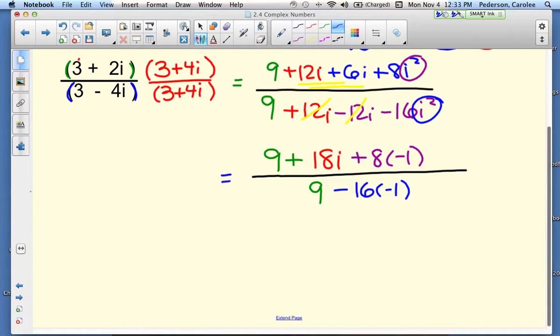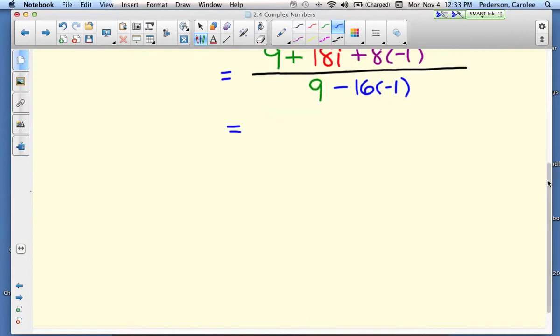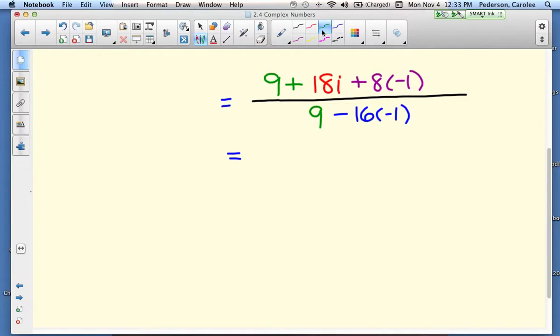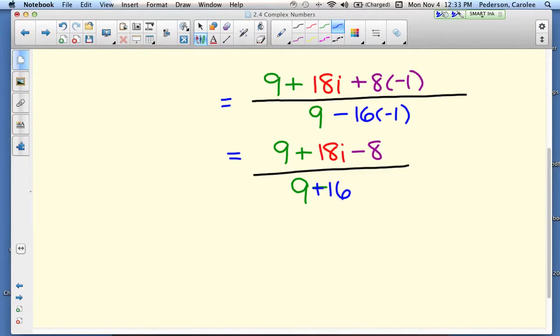Continue simplifying. 9 plus 18i, and 8 times negative 1 is negative 8. Negative 16 times negative 1 makes it a positive 16. These are like terms. 9 minus 8 is 1. We have plus 18i. 9 plus 16 is 25.